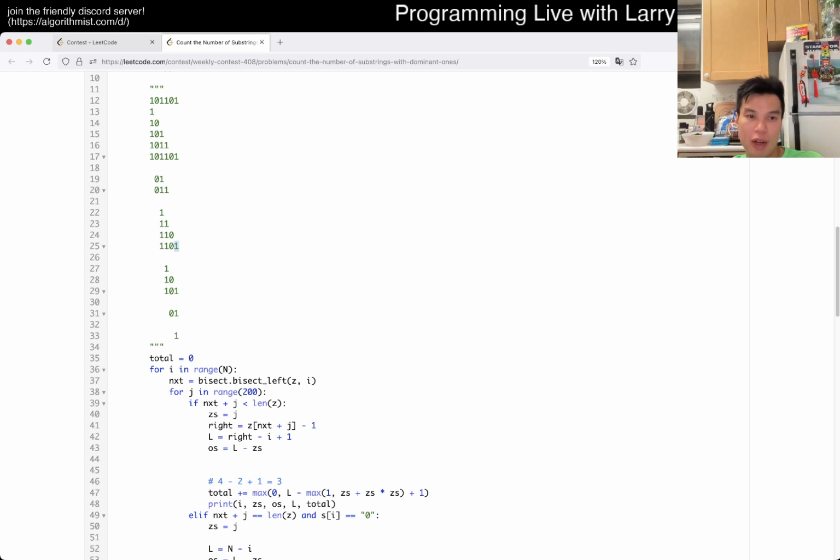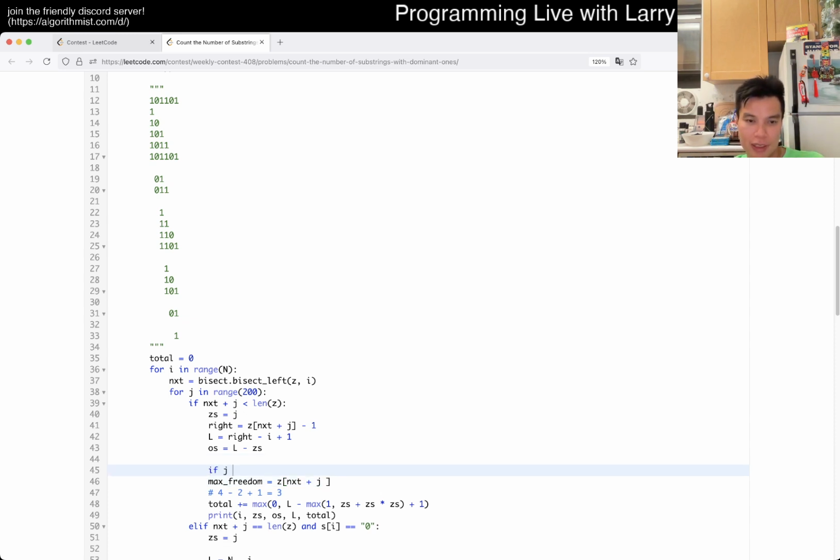So okay, so then now that means that the actual degree of freedom, max freedom, is just equal to the right, or this thing actually, where the 0 is, and no, and the previous 0, or i. If j is greater than 0, then this is the case.